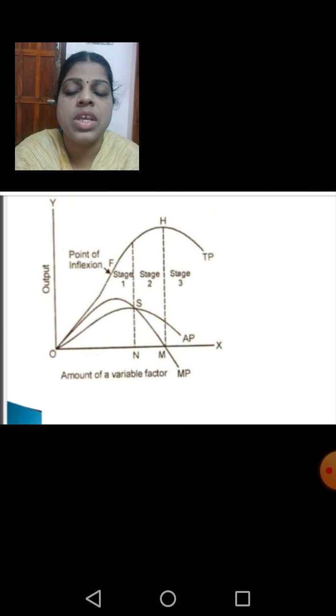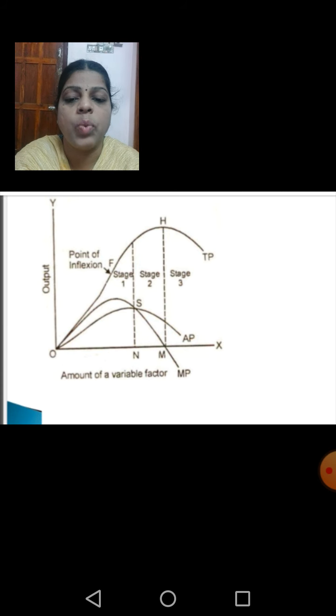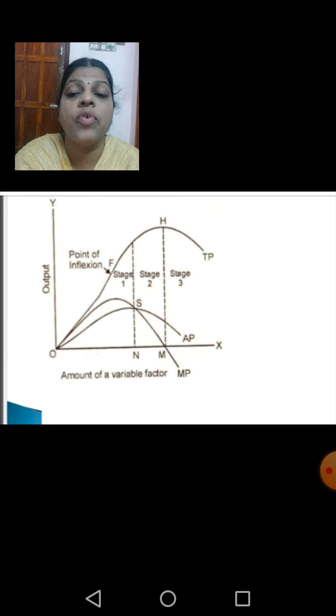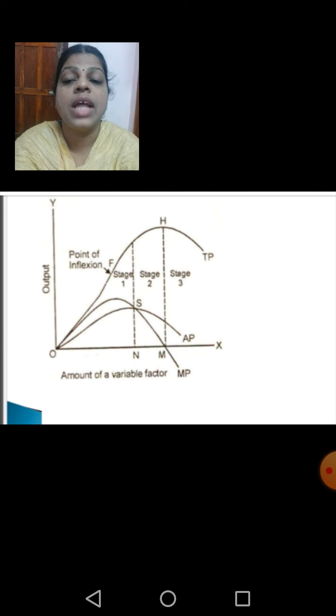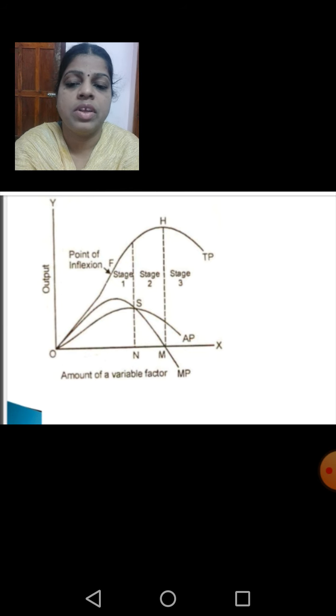So here we can see that on the OY axis, what is depicted? Output. And on the OX axis, the amount of a variable factor that we combine for the production process. As I told you about the variable as well as the fixed factors, right?